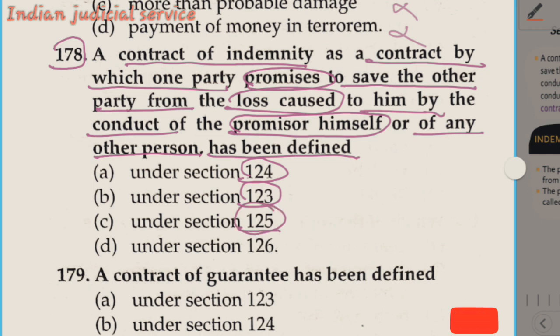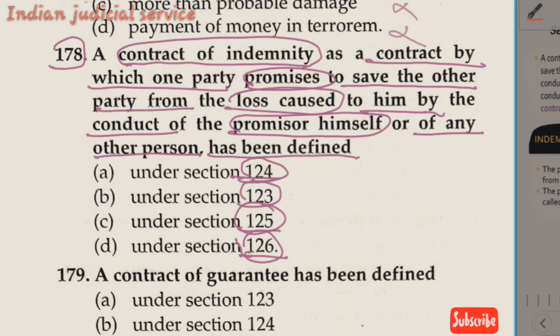And section 126 deals with the contract of guarantee, surety, principal debtor and creditor. So 126 is most important here for the contract of guarantee, and 124 is another very important section, for the contract of indemnity. Now we discuss the contract of indemnity.